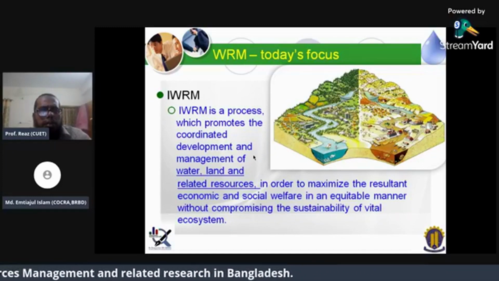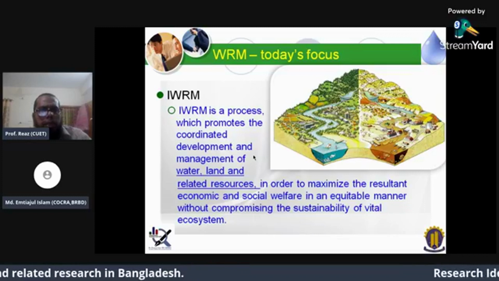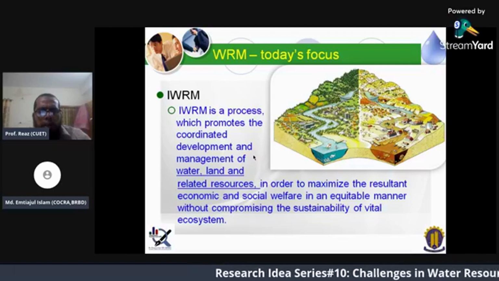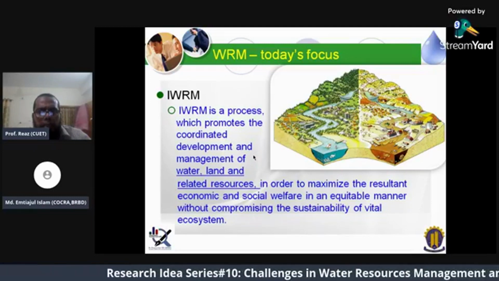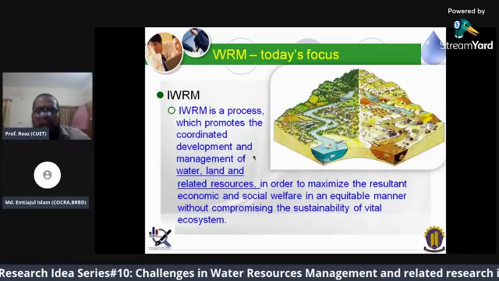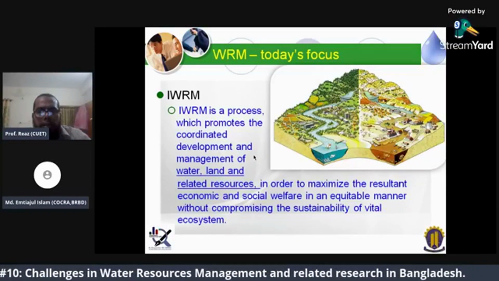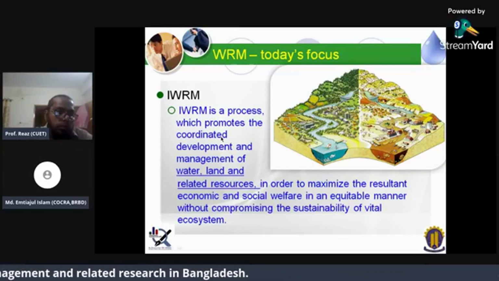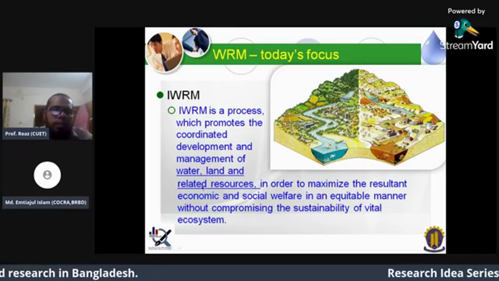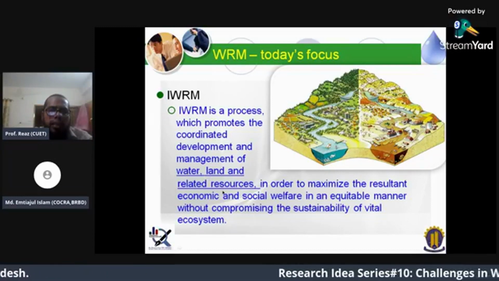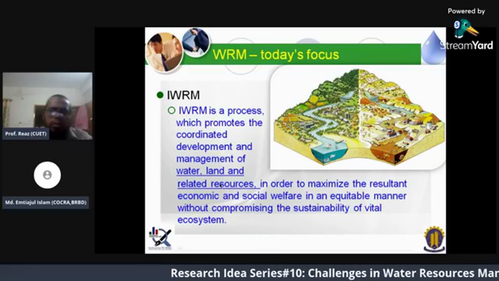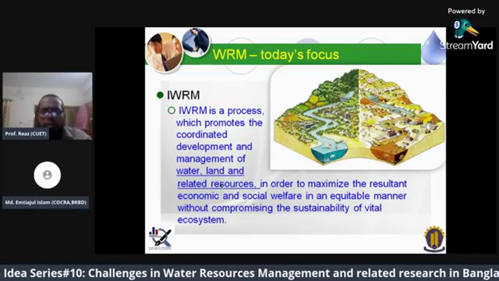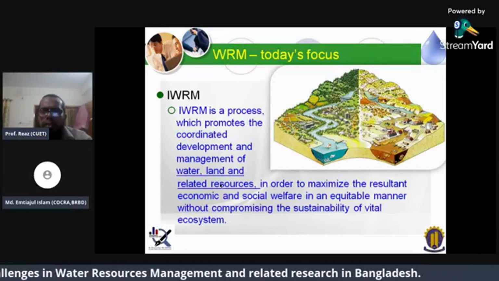IWRM is a process which promotes the coordinated development and management of water, land, and related resources in order to maximize the resultant economic and social welfare in an equitable manner without compromising the sustainability of vital ecosystems. This is the definition of IWRM given by GWP. Here water, land, and related resources, everything has been included. Not only water, but also other natural resources should be considered together for the management.